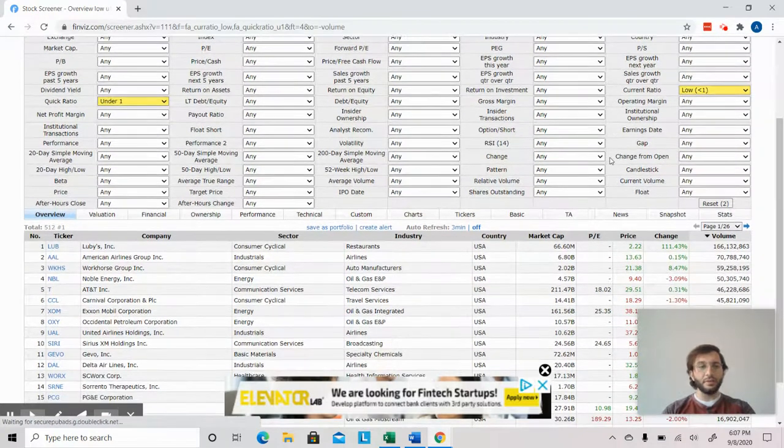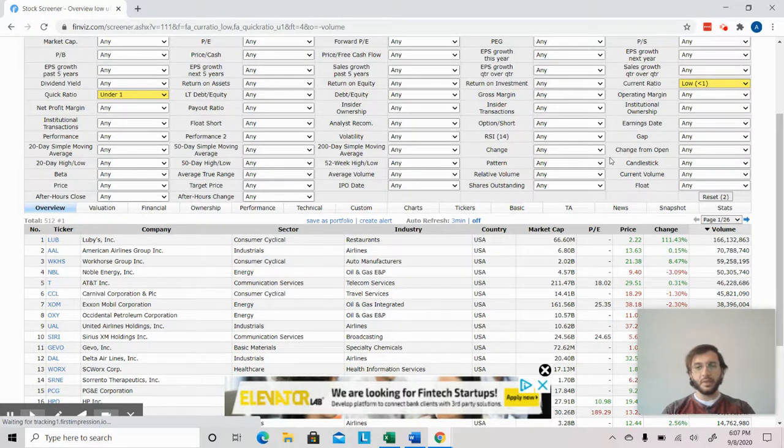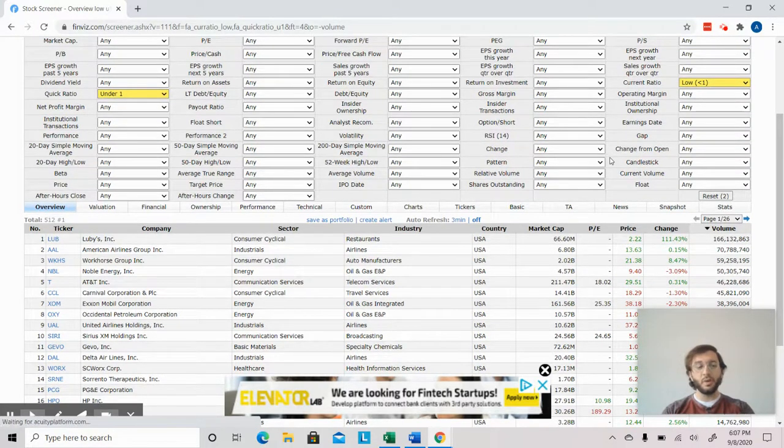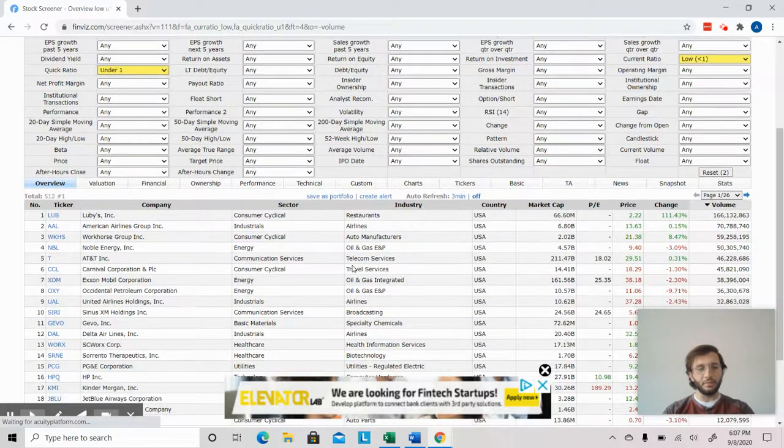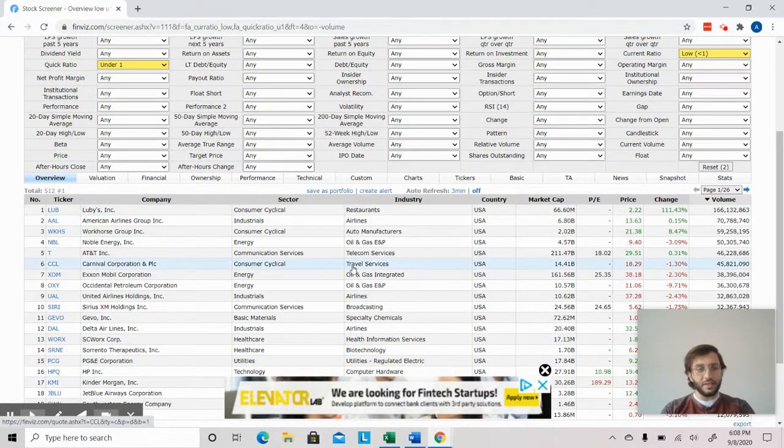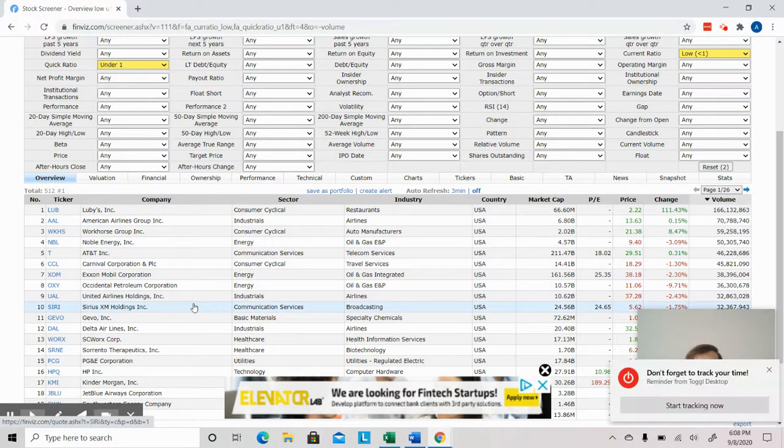Here I have filtered for companies that have current ratios and quick ratios under one. Again, we want to look for things over one, but I just wanted to give a quick glimpse of a lot of companies that aren't currently able to meet their short-term obligations. One of the things that we see recurring here are cruise liners, the airline industry, a lot of capital intensive, heavy businesses.